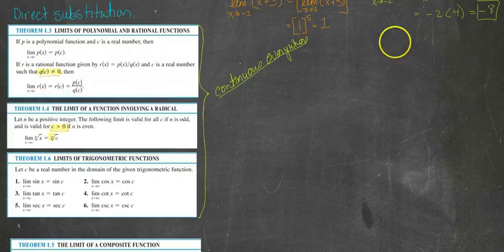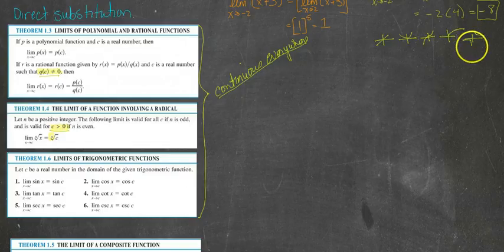So we have our parent functions, right? A line is continuous, a quadratic, a cubic, a root function is continuous as long as we don't choose x values that are negative. A rational function is continuous as long as we don't choose x equals 0 in the denominator. Oh, and even our trig functions.